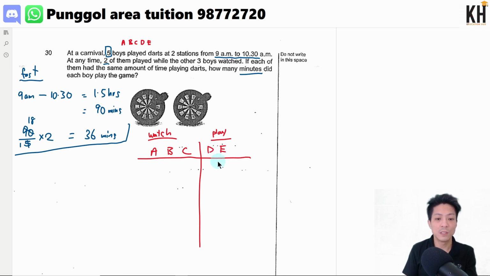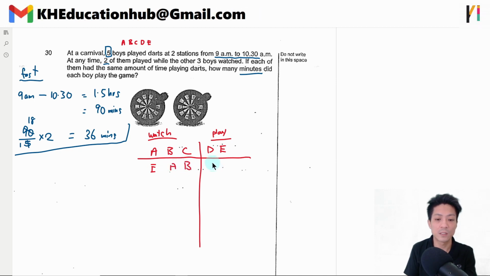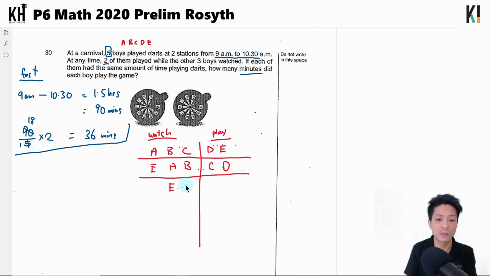So slowly rotate the boys in. I'm going to rotate out E so that A, B, then this will be C, and then this will be D. After playing for an equal amount of time, E is going to come here, and A, B, C, D is going to come out.